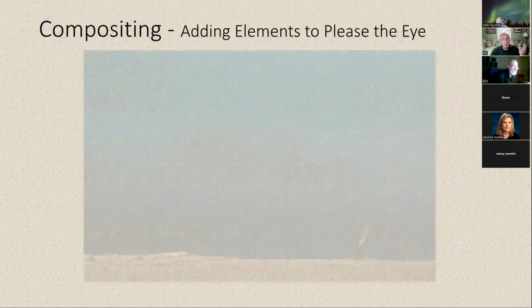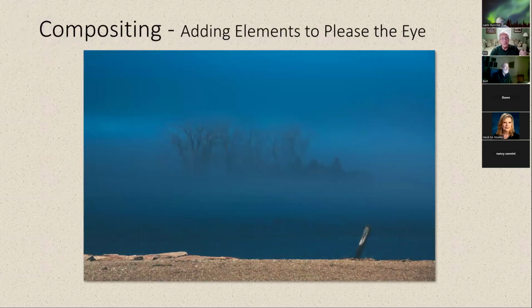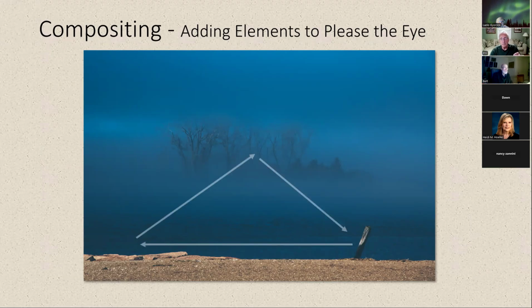So, my feeling is that if it's good enough for these masters, it's certainly good enough for me. And personally, I am not shy at all about incorporating other elements in my photos to add interest or impact. And here we've got a nice composition, which is set up by these foreground elements.